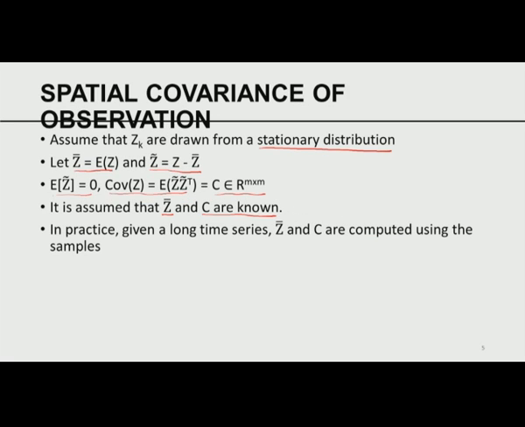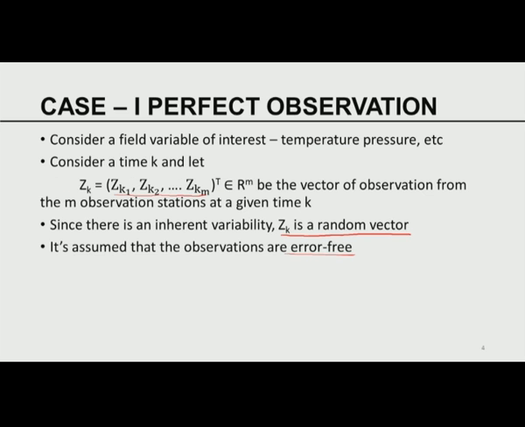That is the key to the methodology. So the whole question is this: we assume the distribution is stationary. We may not be able to get a handle on the stationary distribution, but what is it that one can do? I should be able to estimate z bar and C. How would you estimate z bar and the covariance of Z?